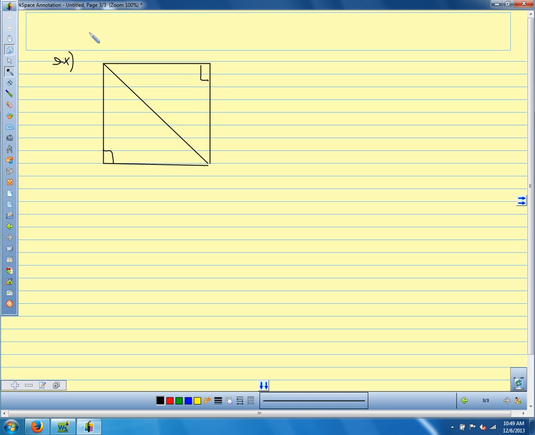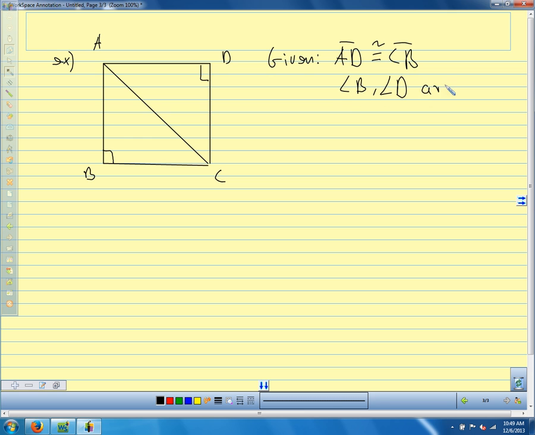And we'll call this A, B, C, D. And we're given that AD is congruent to CB, and angle B and angle D are right angles. And we want to prove that triangle ABC is congruent to triangle CDA.